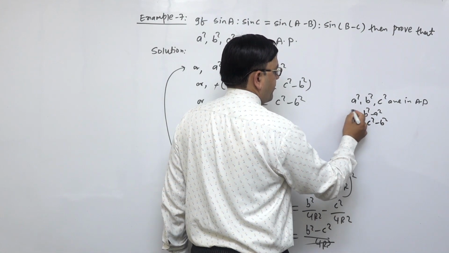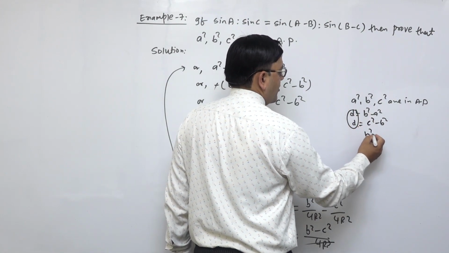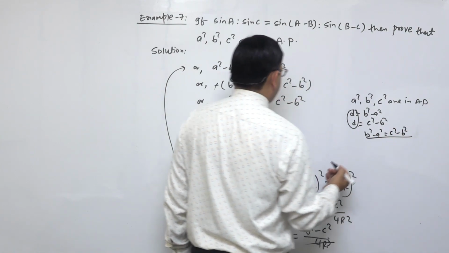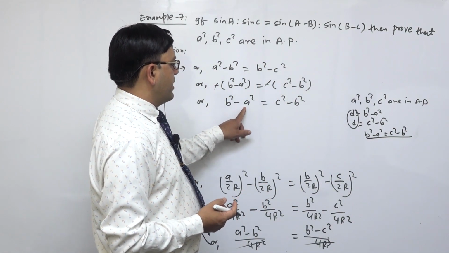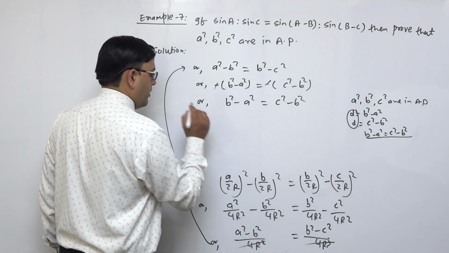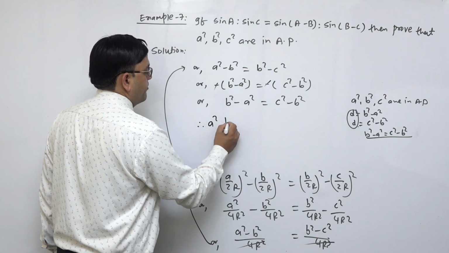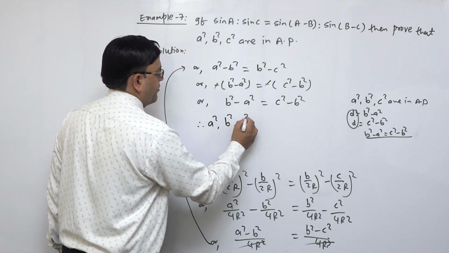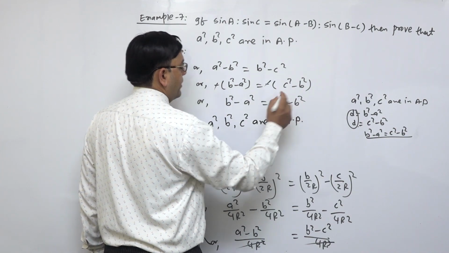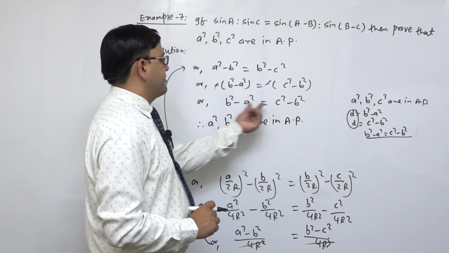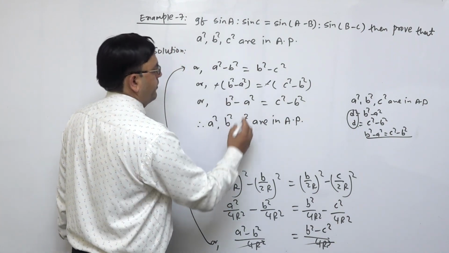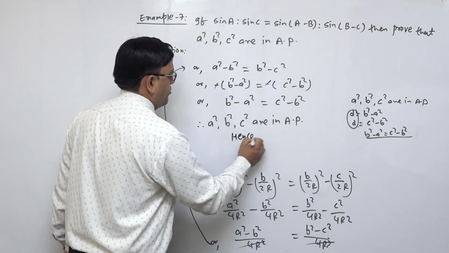But d is the same, so b square minus a square is equal to c square minus b square. I think here it is the same. Therefore a square, b square, c square are in AP, because the common difference is equal. So hence proved.